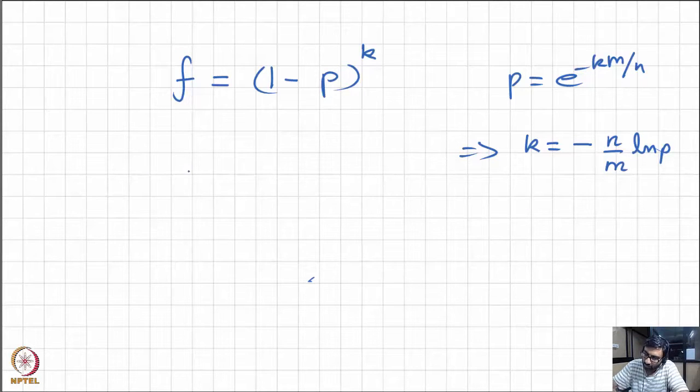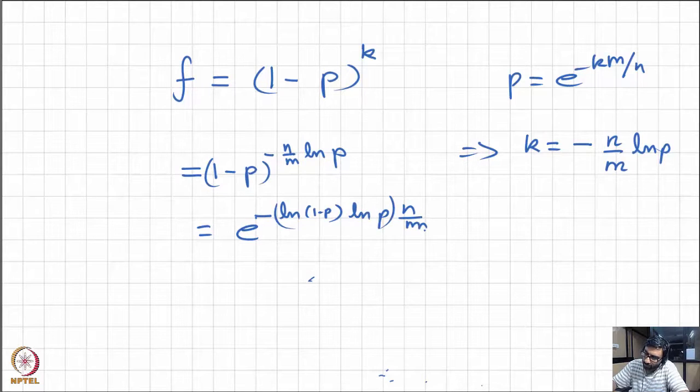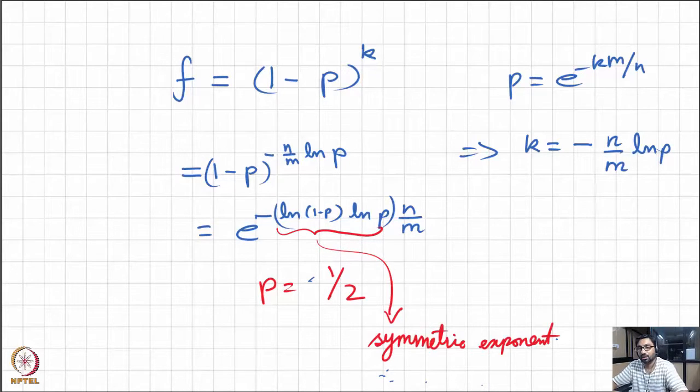So let's apply that here, and this is equal to e to the minus (ln p times ln(1 minus p)), the whole thing times n over m. If you look at this expression, it is clear that this is going to be minimized when p equals a half. This can be deduced by just looking at the symmetry of the exponent here.